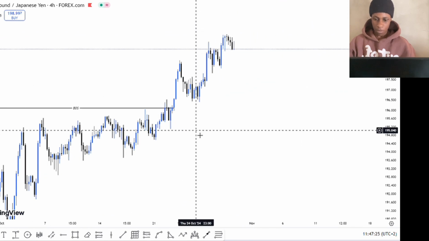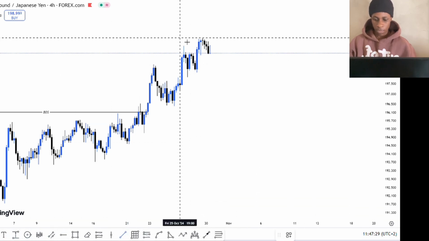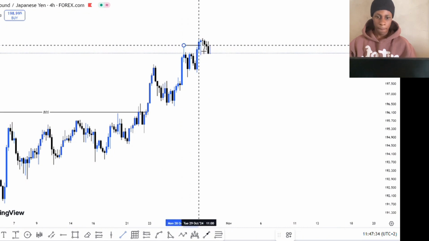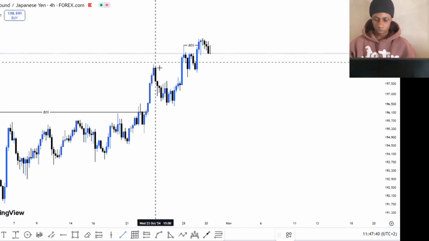So from the daily time frame, this is what we have. Let's move down to the 4-hour time frame to get a more detailed chart and see what the setups are for us. From the 4-hour time frame, you can see the recent break of structure is this one.